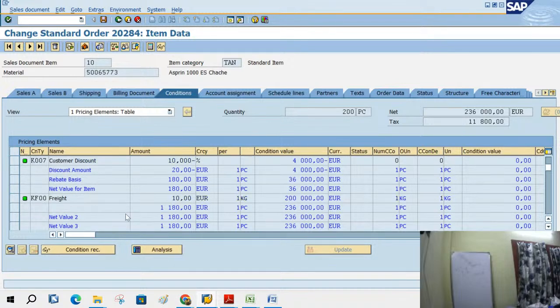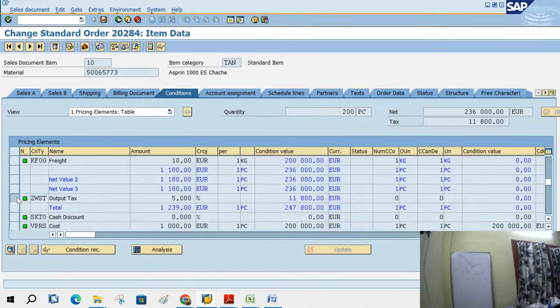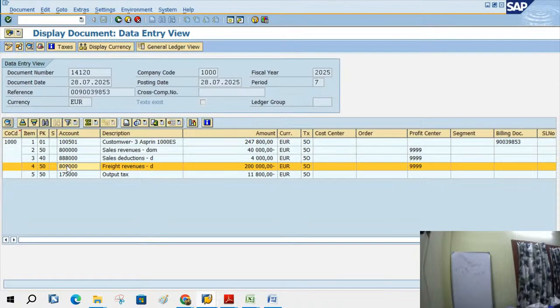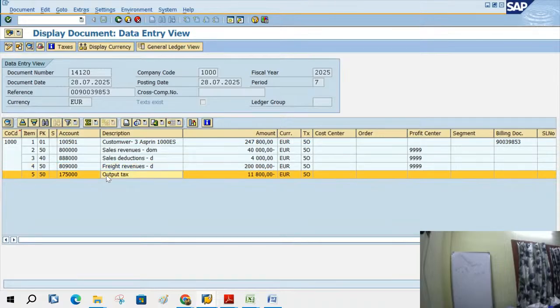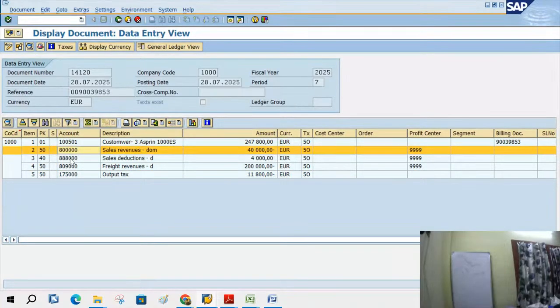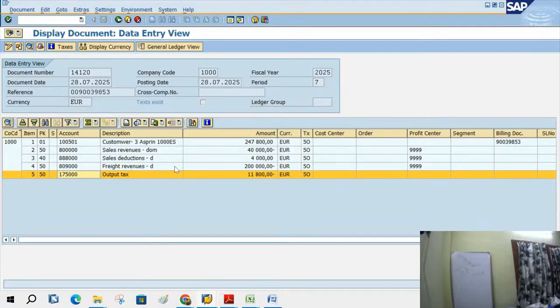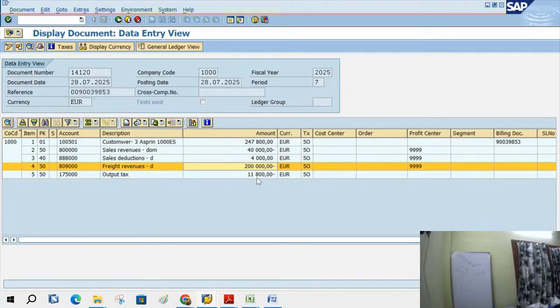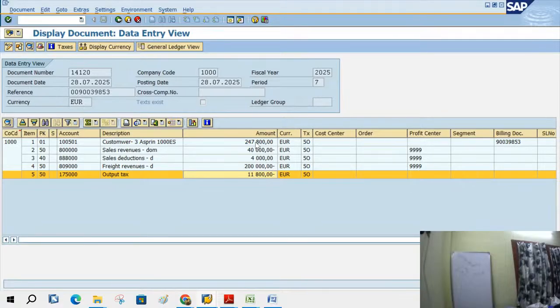And the last one is going to be your tax. Yes or no? The tax is 11,800 has to go into the fourth GL account. Clear? And what is the total amount? Price minus discount plus freight plus tax. This minus this plus this plus this is equal to the total amount.